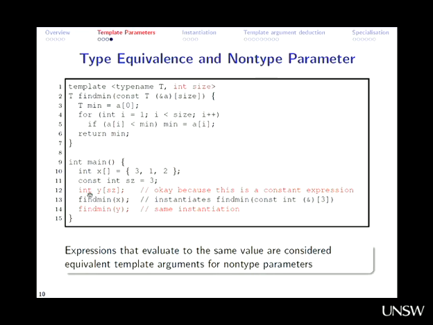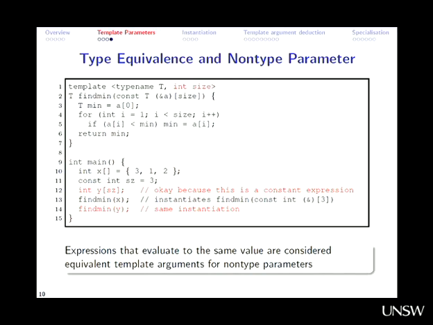Now, line 13, find min x. Remember that x is an int array, size 3. So it goes and creates a function, find min, that takes an int array of size 3. y is an int array of size 3. It's got no data on it, but it's an int array of size 3. Because of that, that same find min that was generated in the previous line gets called.